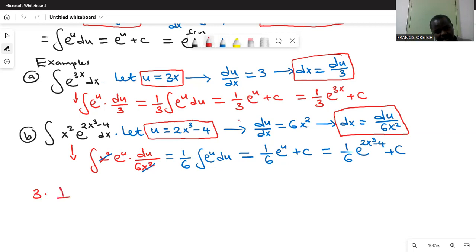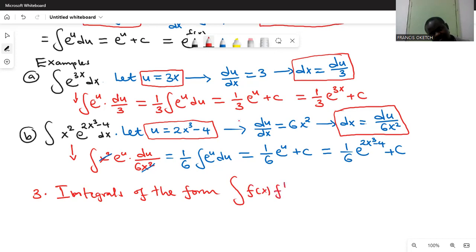And you can write integrals of the form, and this is our form. We have f of x times f prime of x, the integral of f of x times f prime of x dx.